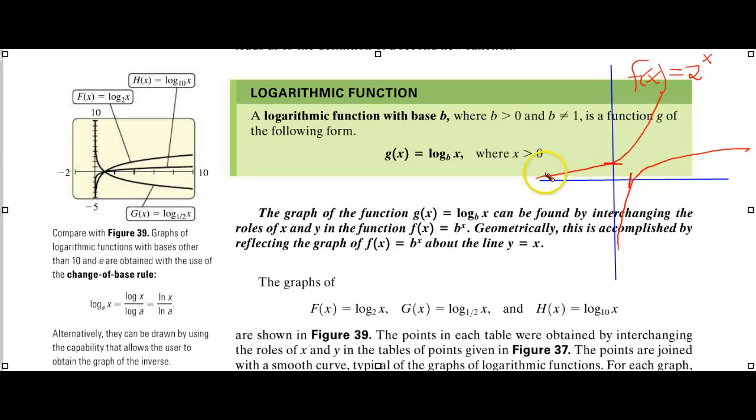So we can see that this graph and this graph are reflections. We say that the logarithmic graph is the inverse, the reflection of this. And notice if they gave you one with a fraction, the fraction of this one would go this way. Well, the fraction of the log would go this way.